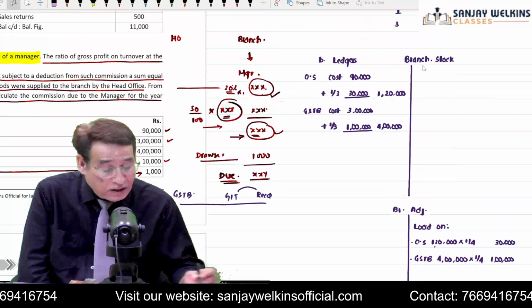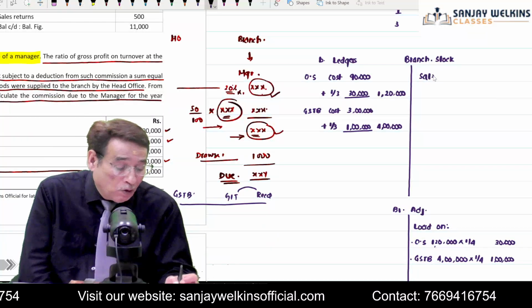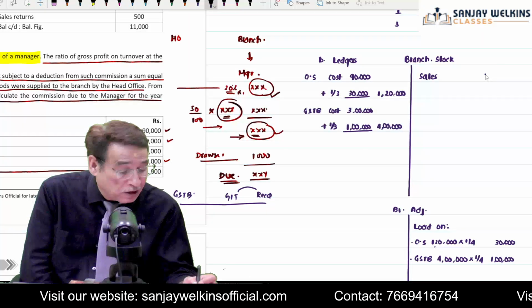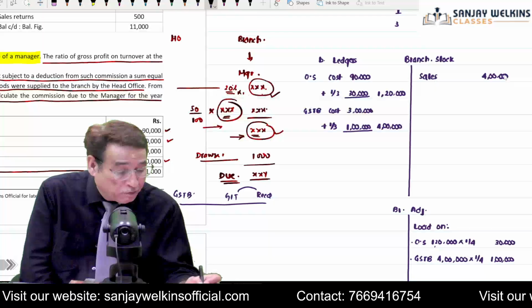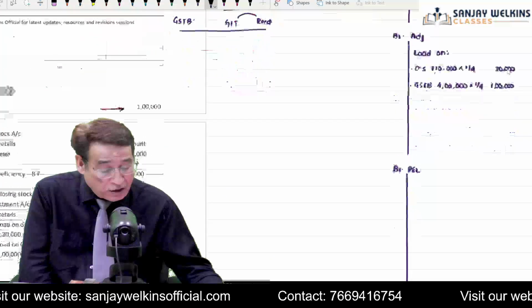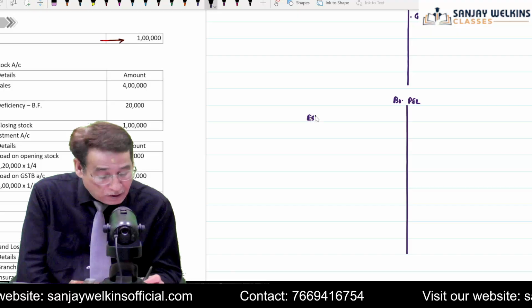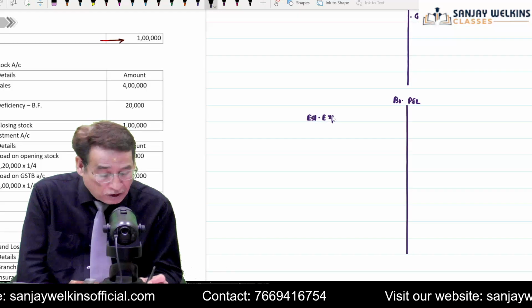Next point is sales. Obviously, because in this question opening and closing debtors are not there, logically all these sales are cash sales. But whatever sales they might be, we have to put them over here, 4 lakh. And then establishment expenses are given to you, 10,000.